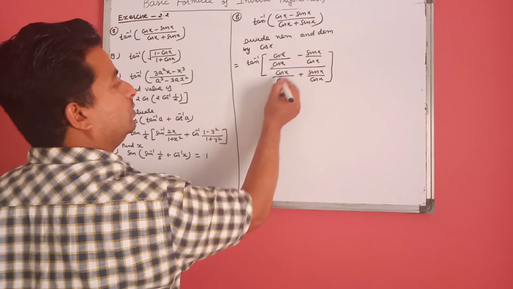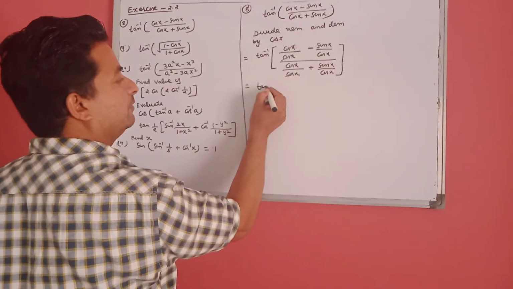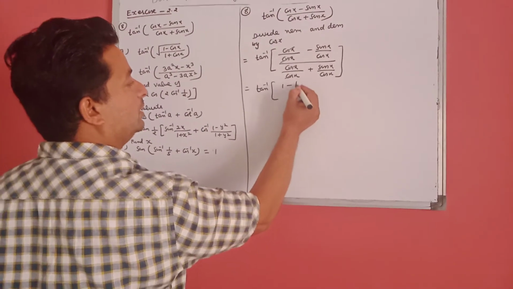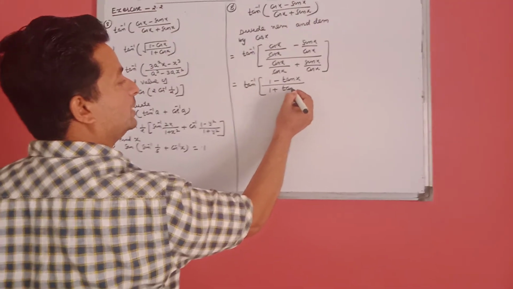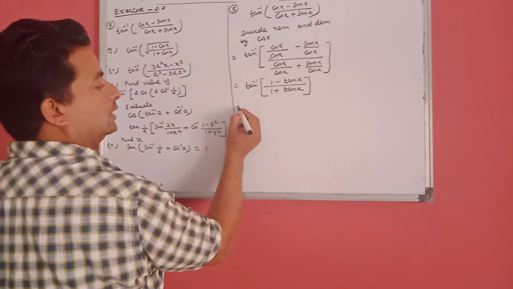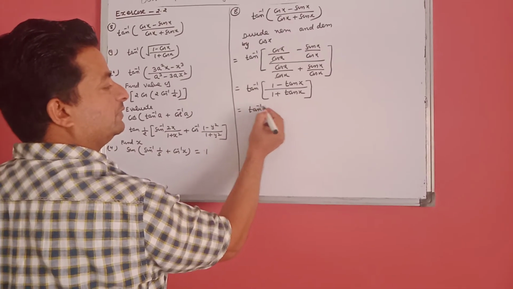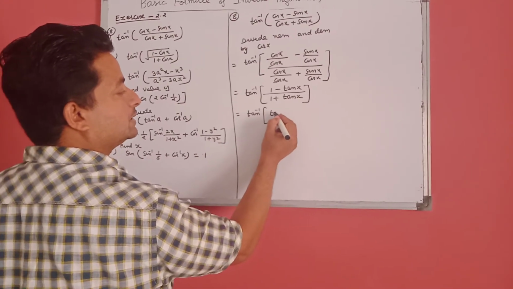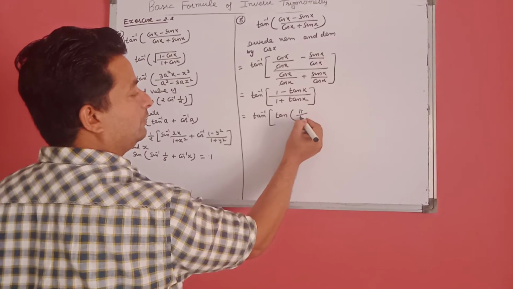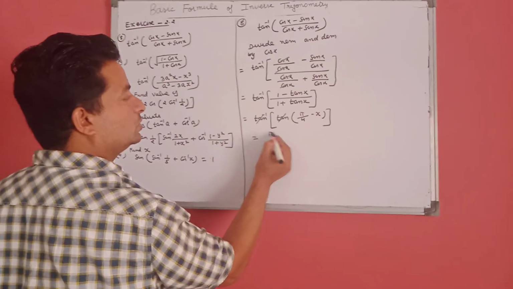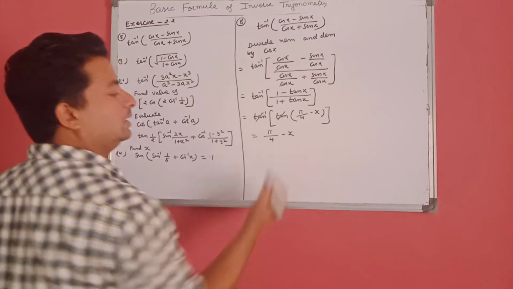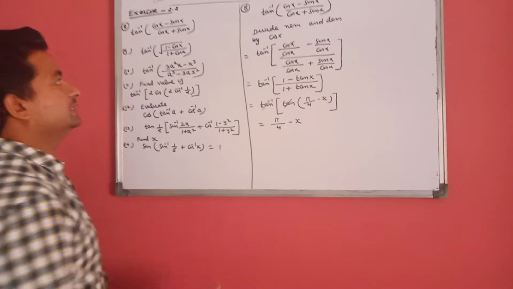This cancels out. We have tan inverse of 1 minus tan x over 1 plus tan x. As from the previous video, the formula is tan of 45 minus x. This cancels out, so the simplest form is pi upon 4 minus x.